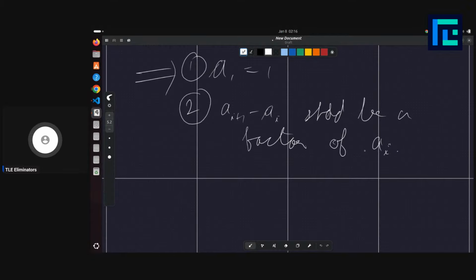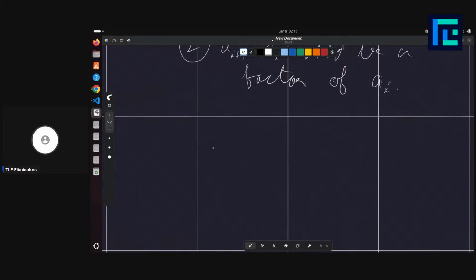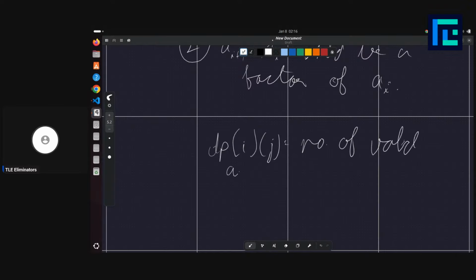So I can just make a dp state for what my last value was. Like dp[i][j] can be the number of valid arrays of length i and last element j, right?